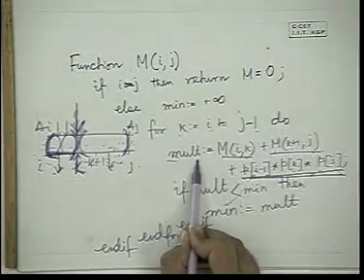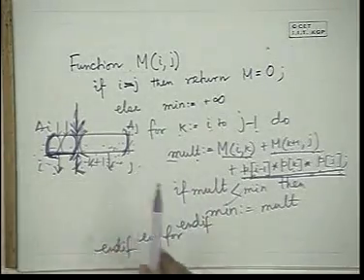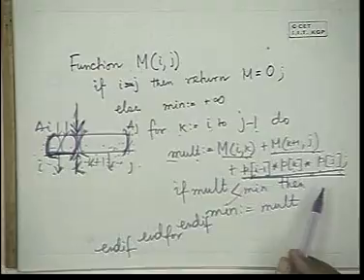Now you are checking all possible values of k between i and j, because you are sure that the global minimum between i and j has taken some value of k, you don't know which one, but you are checking all possibilities, and that mult will give you the global minimum. You are not excluding any possibility, and that's why if mult is less than min, you are setting min equal to mult.